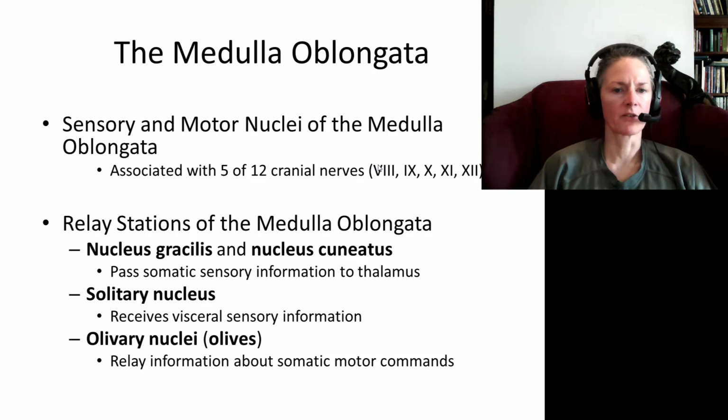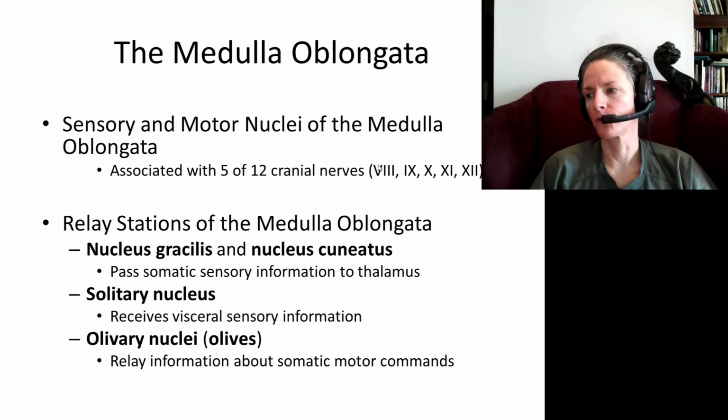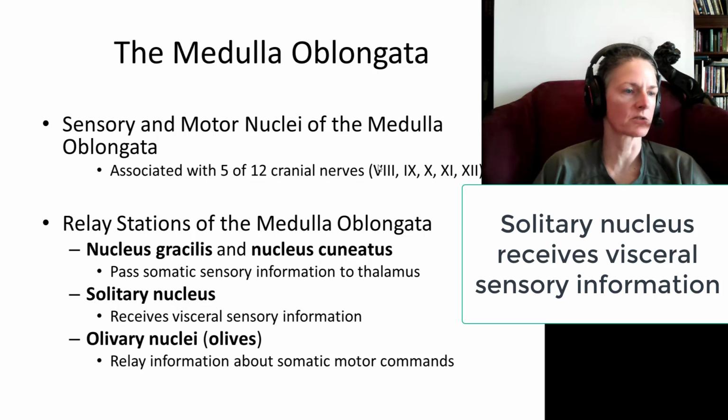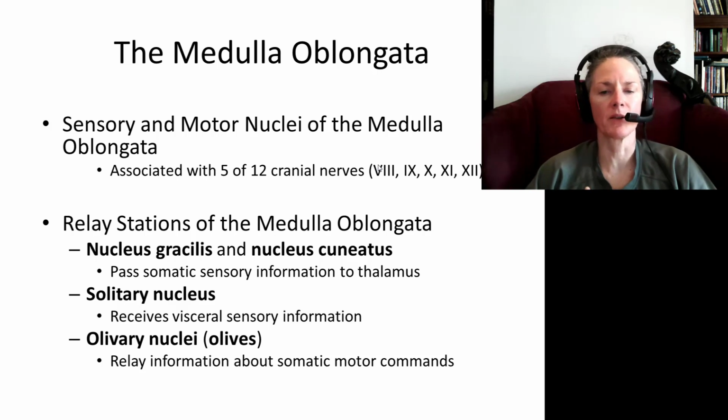We're also going to have another nucleus that's going to be receiving sensory information from the viscera, so from the cardiovascular system, the respiratory system, the GI tract, and so forth. That information will be received in the solitary nucleus. They're going to ascend to the solitary nucleus and synapse there.